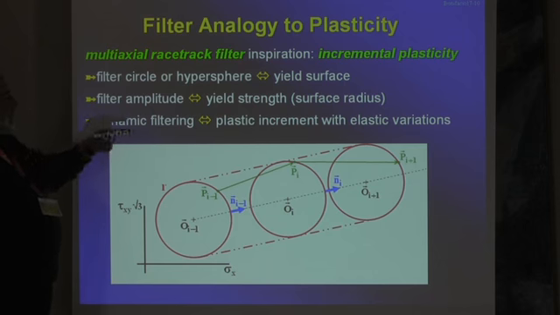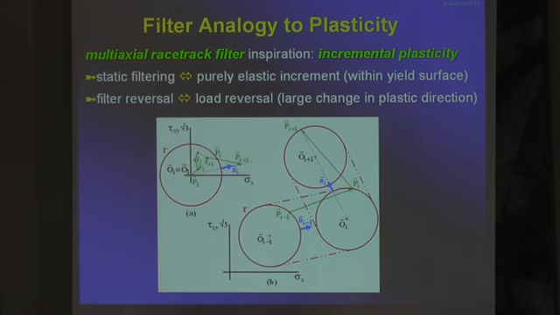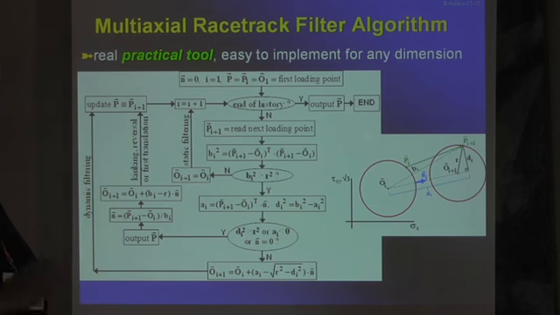Dynamic filtering is analogous to plastic increments with elastic variations. Static filtering is a purely elastic increment inside the yield surface sphere, if you want. And the filter reversal is analogous to a load reversal, a large change in plastic direction. So if you are used to playing with plasticity, this filter analogy is another way to understand what is happening.